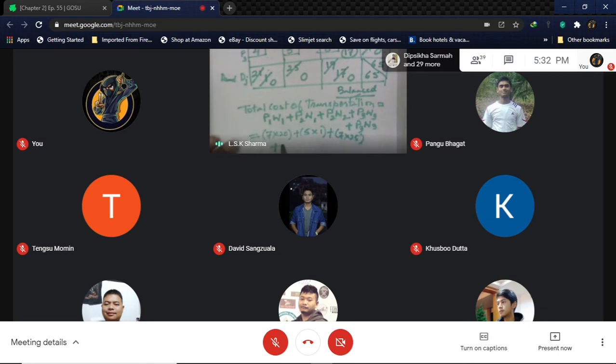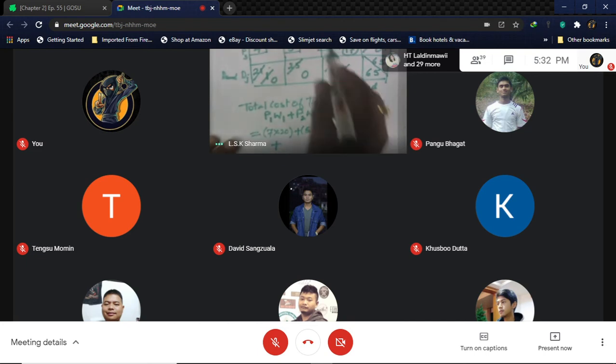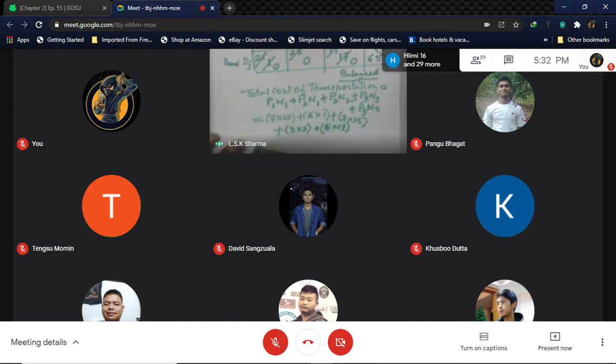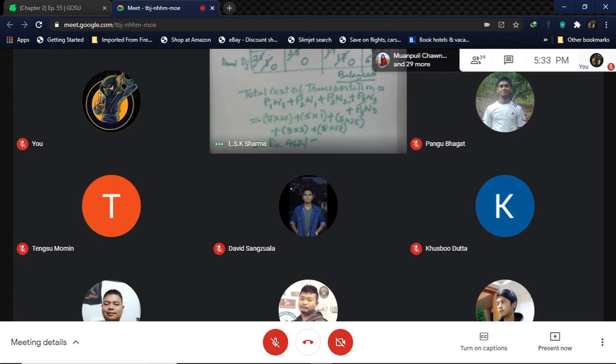Then 3 into 2 and plus 8 into 17, and the total is equal to rupees 462. Okay, so this is called the northwest corner method, and this is one of the simplest methods.